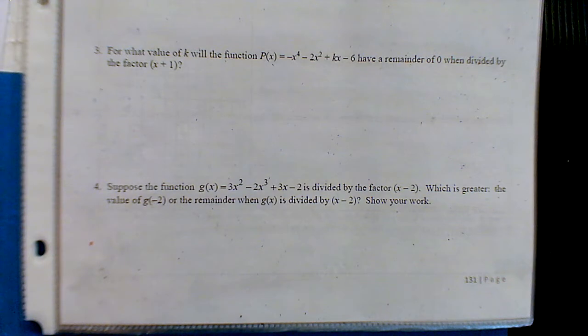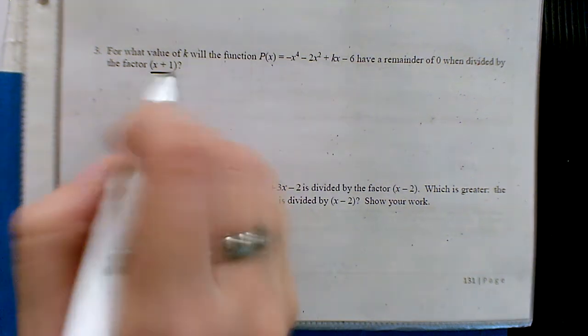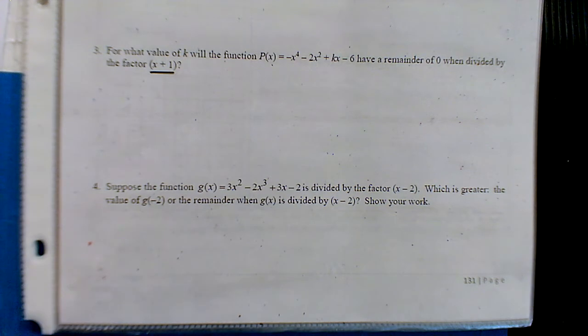Okay, so take a look at number 3. For what value of k will that function have a remainder of 0, meaning it goes in evenly, when we divide by x plus 1? So what's the 0 of that divisor, x plus 1? Negative 1.